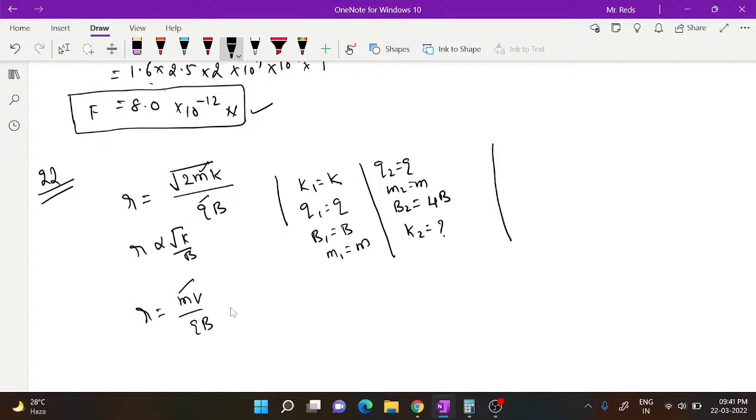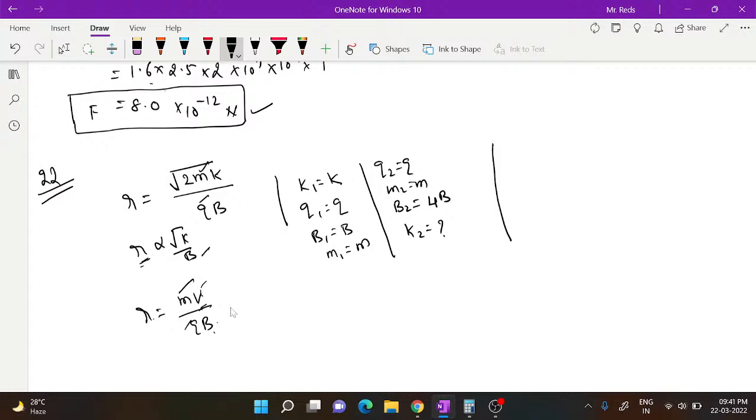If mass is the same, charge is the same, they didn't mention anything about the speed. The magnetic field becomes this much, means you can see R is proportional to V by B, R is proportional to root of K by B. So when this changes, as it is proportional to root K by B, this has to be constant.